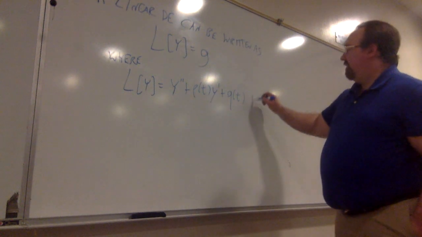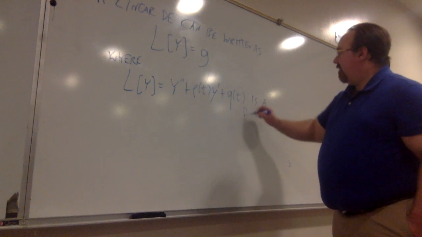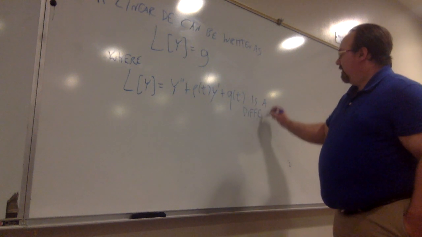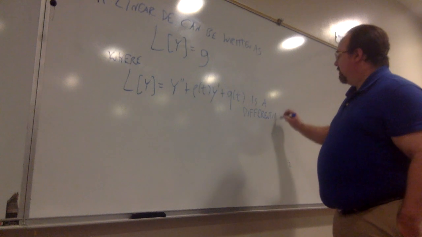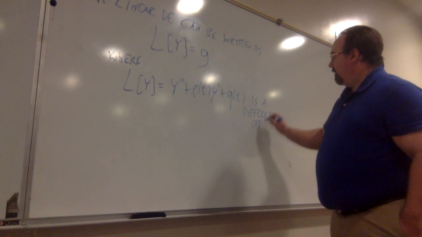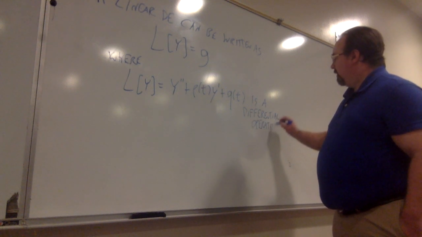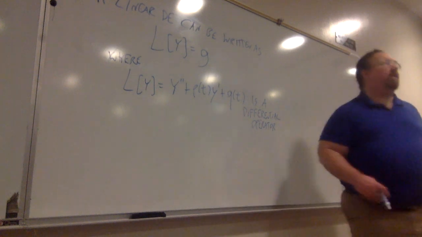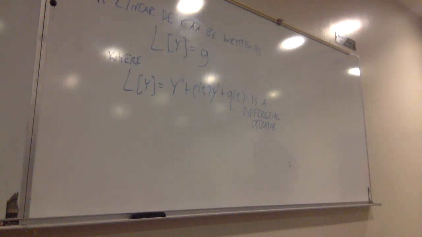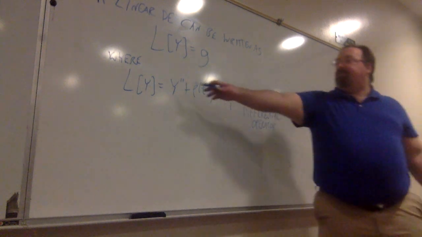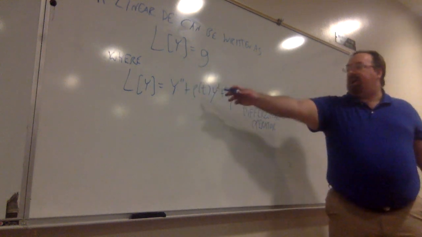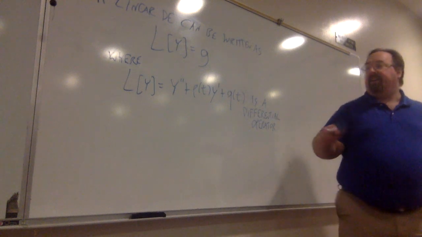So L is what is called a differential operator. What is a differential operator? It's a process you apply to a function, in this case y, that involves taking derivatives, multiplying by functions of t, and adding up.